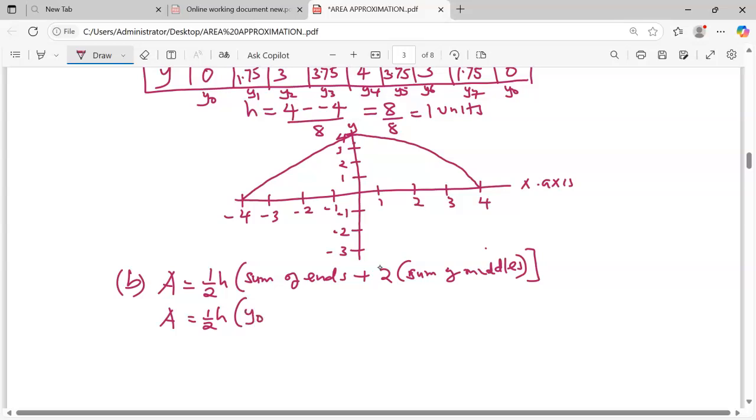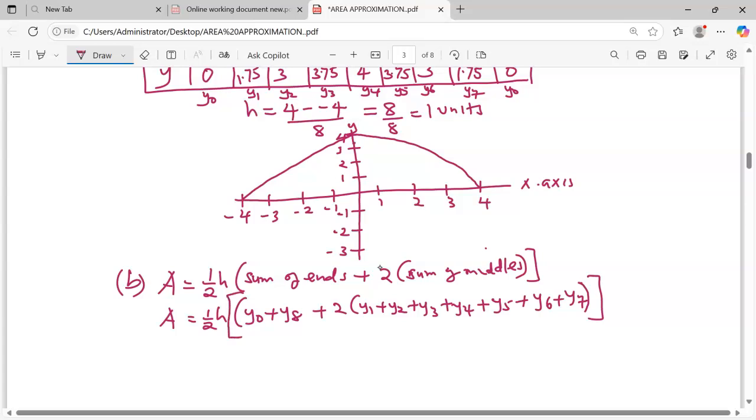The ends are y0 and y8, plus twice the sum of the middles, that is y1 plus y2 plus y3 plus y4 plus y5 plus y6 plus y7, which form our middles.